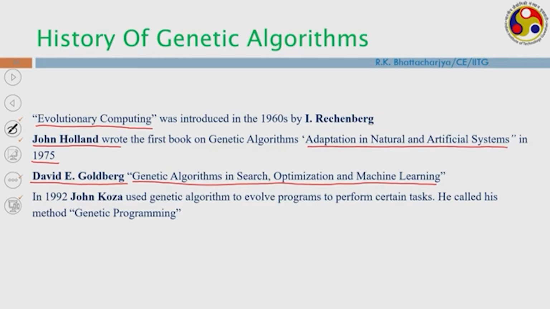There was another type of genetic algorithm, which we call genetic programming. This is not an optimization method, but it uses the principle of natural evolution. In 1992, John Koza used genetic algorithm to evolve programs to perform certain tasks, and he called that method genetic programming.